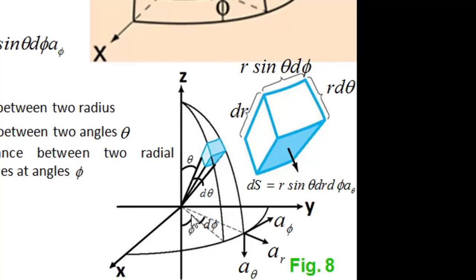So this length is basically r sin theta, multiplied by the change in angle, that is d phi. So the arc length is r sin theta d phi. That's why in the phi direction, this length is r sin theta d phi.